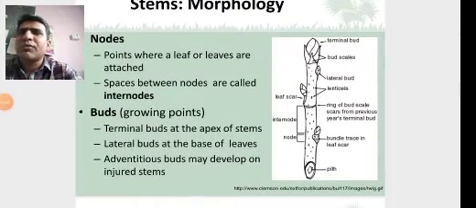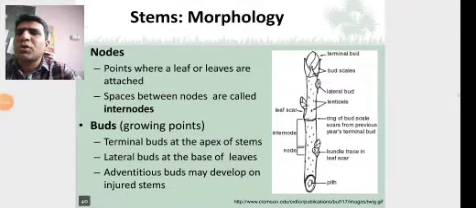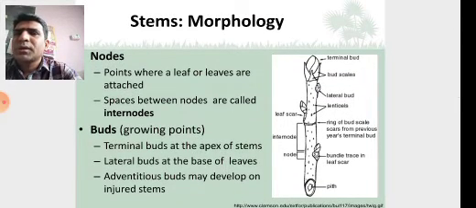In the case of stem morphology, the stem includes nodes and buds. The nodes are the points where the leaves are attached, and the space between the nodes is called the internode. Buds are the growing points. Terminal buds are at the apex of the stem, lateral buds are at the base of the leaves. Adventitious buds may develop on an injured stem.